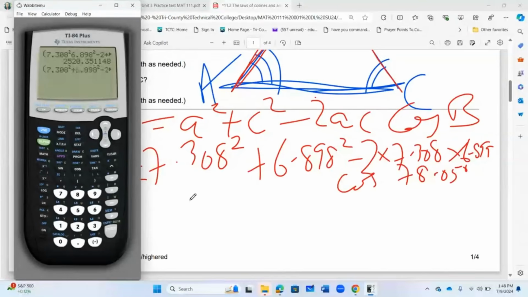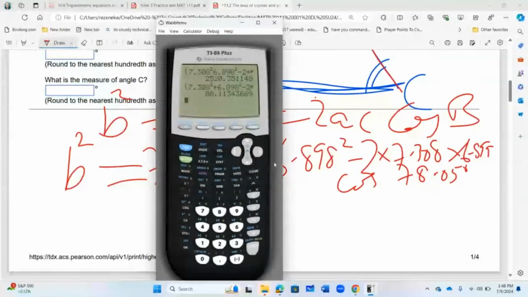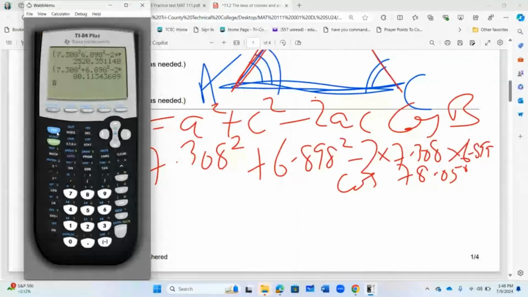Now the answer I got right now makes sense. So I want to find the square root of this number. The value of b is the square root of this number. So square root of my previous answer, close parenthesis, hit enter: 8.95 to 2 decimal places.